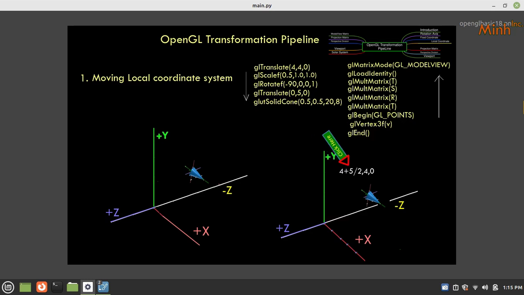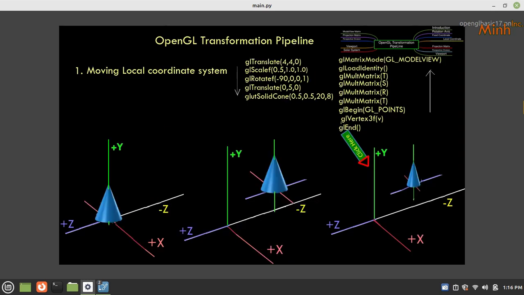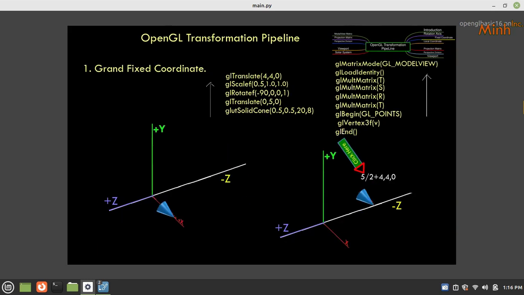Now we move 5. So it would be 5 by 2 because we have scaled it, and the other is 4. So 4 plus 5 by 2 and 4. Okay, it is exactly the same, 5 by 2 plus 4 and 4.